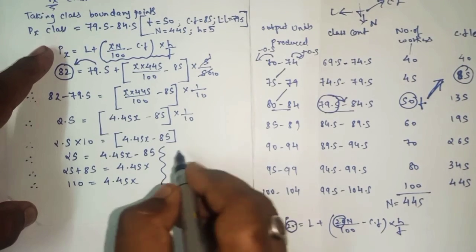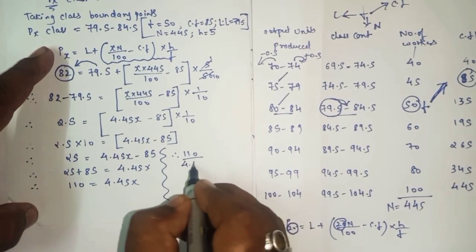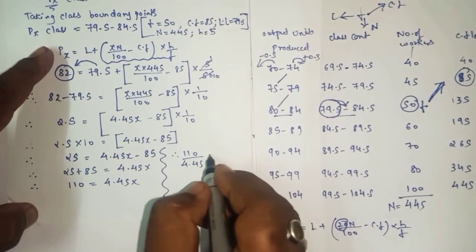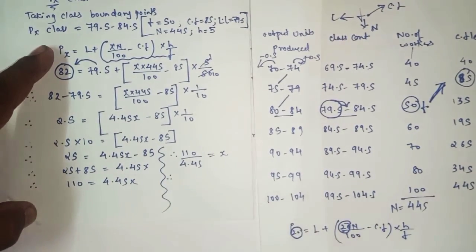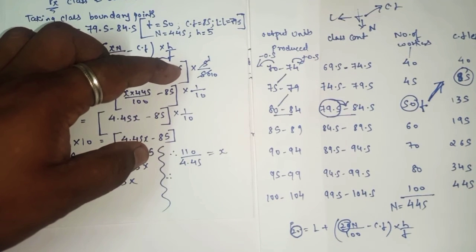Now simply we have to find the answer: 110 divided by 4.45 equals X. First remove this decimal, simply by multiplying by 100, yes or no?